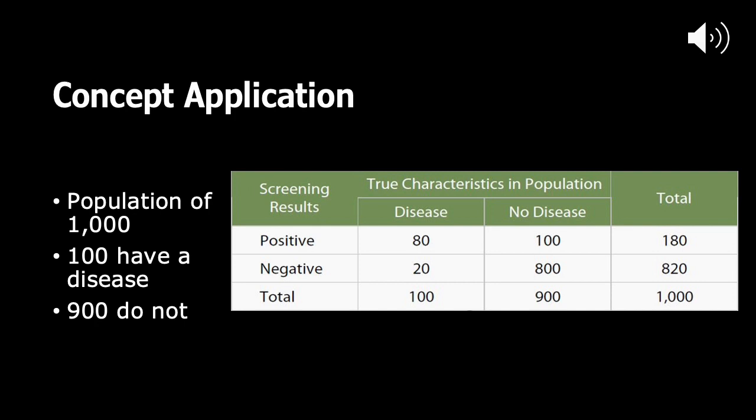But of the people who have the disease, 80 got a positive screening, 20 got a negative screening. Of the people who don't have the disease, 100 people got a positive screening, and 800 people got the correct negative screening.